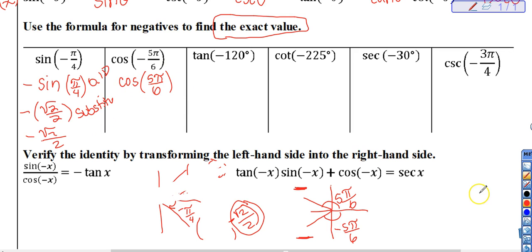And then you're going to either draw yourself a 30, 60, 90 right triangle, use your unit circle, or use your trig value sheet. What's the cosine of 5 pi over 6? I know it's negative. Negative square root of 3 over 2 is correct.